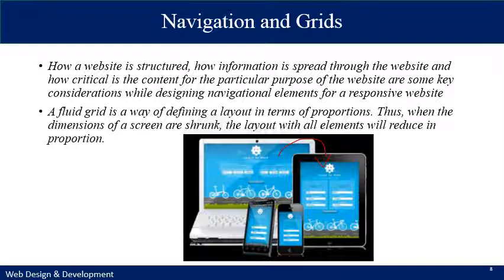Similarly, if you translate from here to mobile, you can see the two column layout is transformed to the one column layout. So when the dimensions of screens are shrunk, the layout of all elements will reduce in proportion. That is the highlight of your basic responsive website.